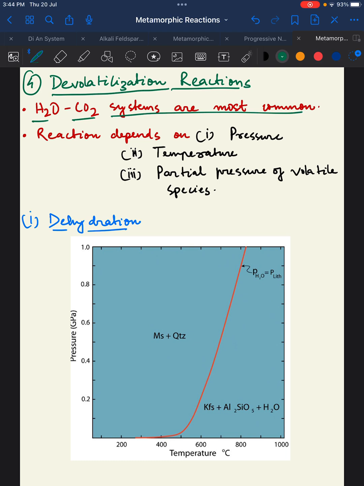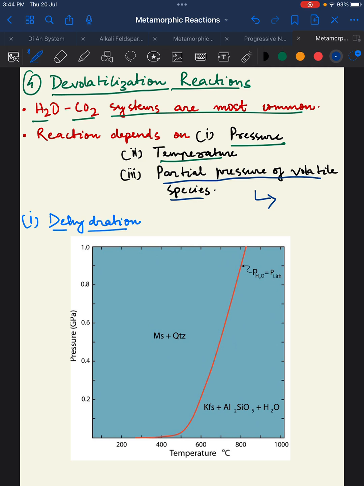This devolatilization reaction depends on pressure, temperature, and most importantly, the partial pressure of the volatile species. Since the volatile species impart a partial pressure, this partial pressure is also very important for the reaction because it plays a great role in determining whether the reaction will move towards the right or towards the left. We will see that in the next slide.